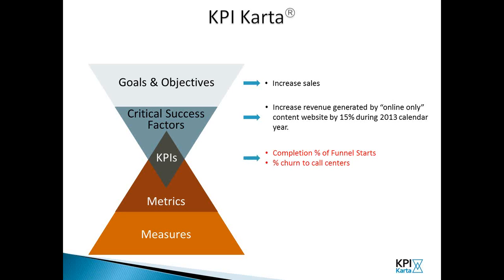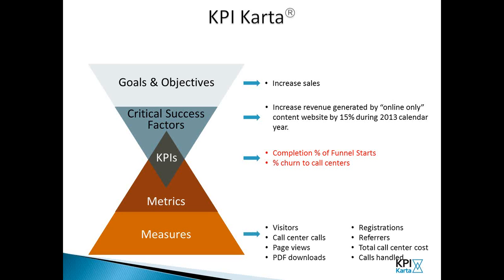In other words, as people went through the buying process online, improve the completion percentage of that, and also to look at the percentage churn to call centers. How many people started the process and abandoned it to call an 800 number for assistance? They wanted to improve the ratio of people actually finishing it on their own.